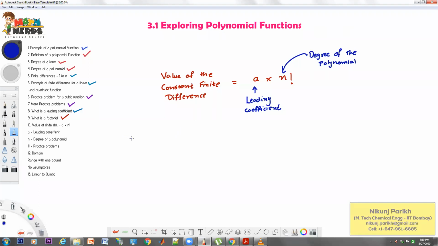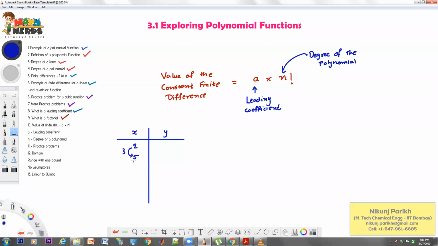So now I want to highlight one extremely critical point. While finding the value of the constant finite difference, I told you to make a table of x versus y, and the values of x should be evenly distributed. So I told you that you can keep the distribution equal. For example, if you start at say 2 and the next one is 5, then the difference is 3 here.